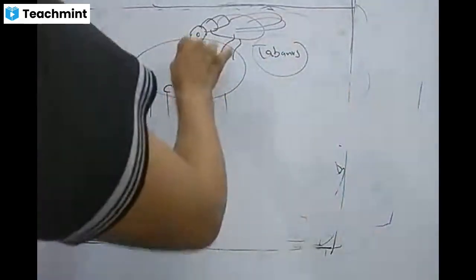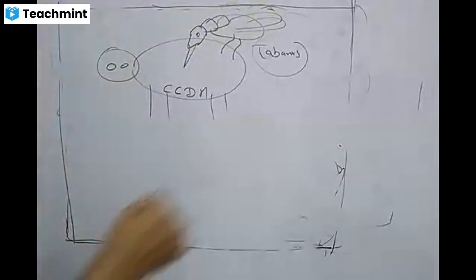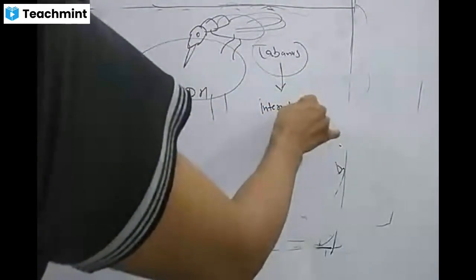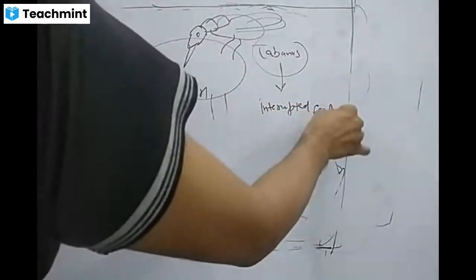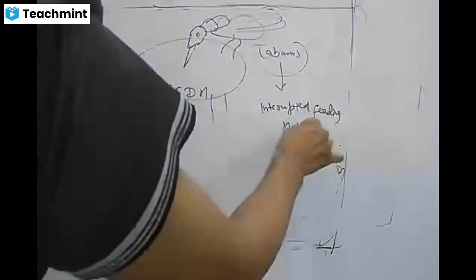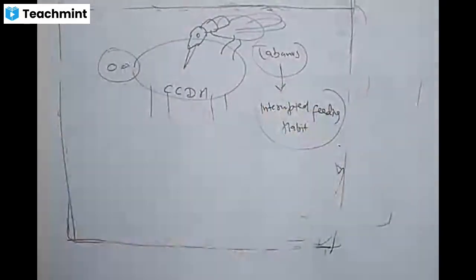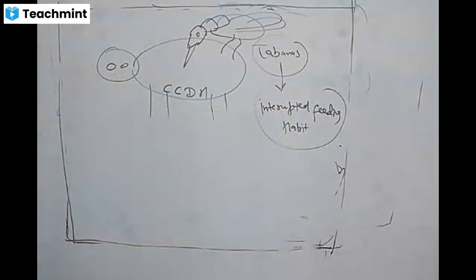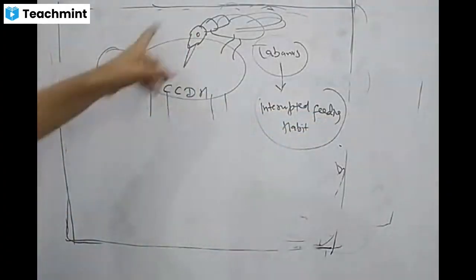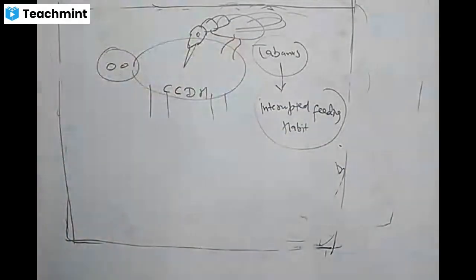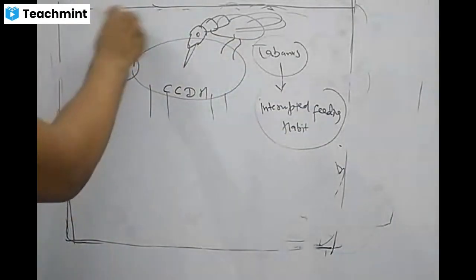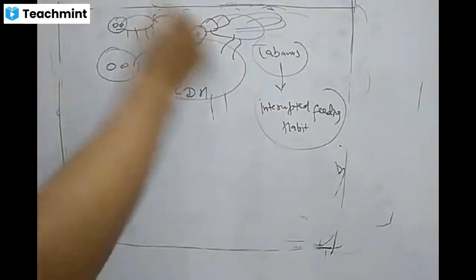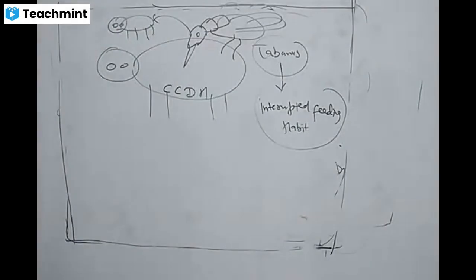The most important characteristic feature of this Tabanus is its interrupted feeding habit. The whole life cycle is based on this point. The fly bites this animal, then again it flies, and then goes to bite another one. So it keeps on biting, interrupted feeding.